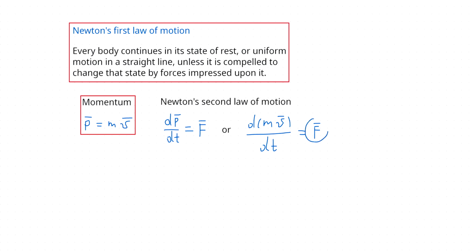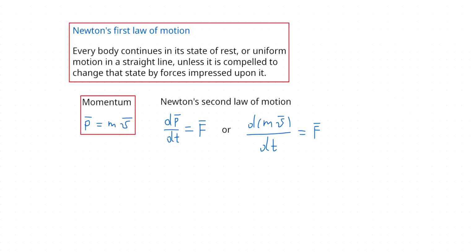So in this case, F will be equal to the vector sum of these few forces. If we have not one force, but a few forces, it is necessary to consider their vector sum.